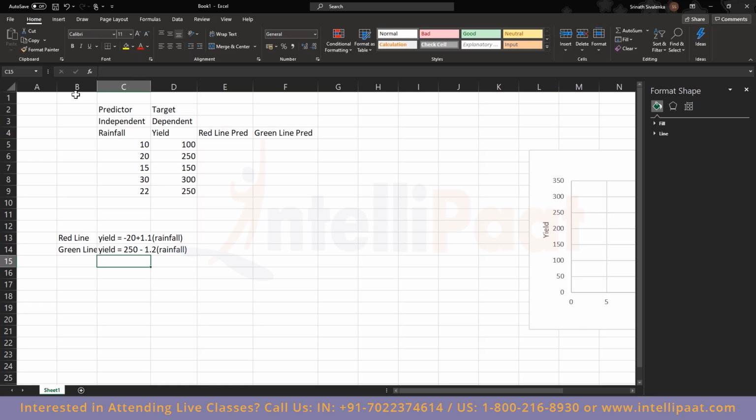Arnab has a question. Yield can be 0 at the max. Hang on, just a second. Yield intercept equal to minus 10. Yeah, so a good point. At rainfall 0, you're saying essentially the yield is negative. It's a good point, but let's not get into that right now. Your intuition is absolutely correct.